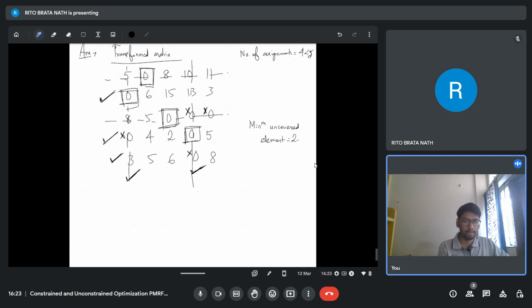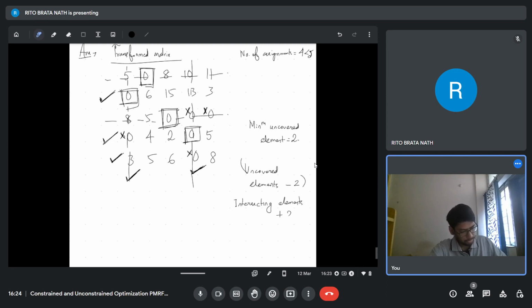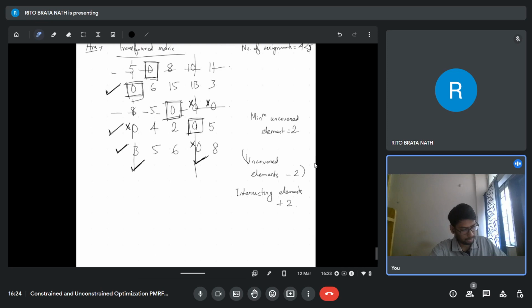So that's fine. Now, what you can do is simply uncovered elements minus 2 and intersecting elements plus 1. Sorry, plus 2, whichever is this minimum uncovered thing.